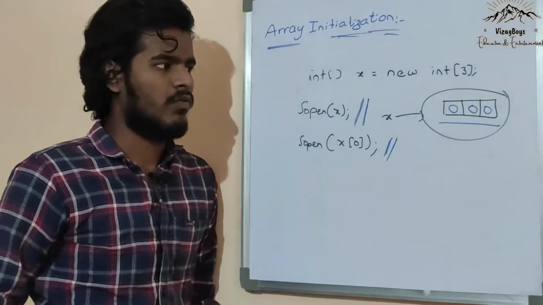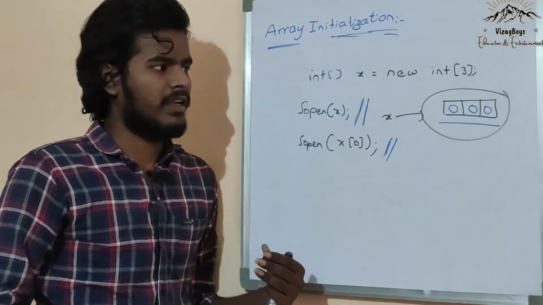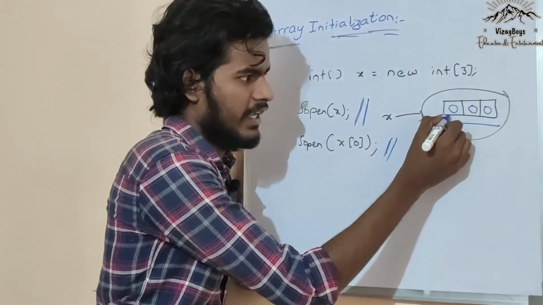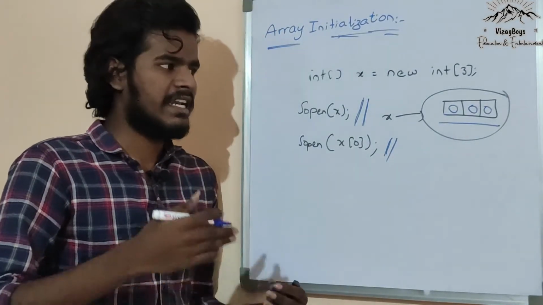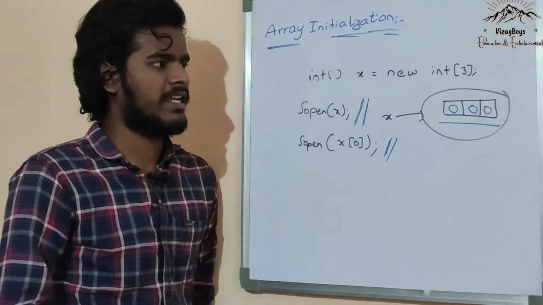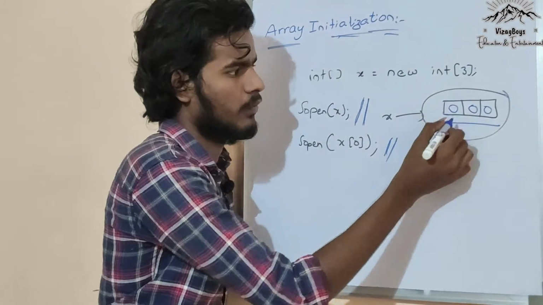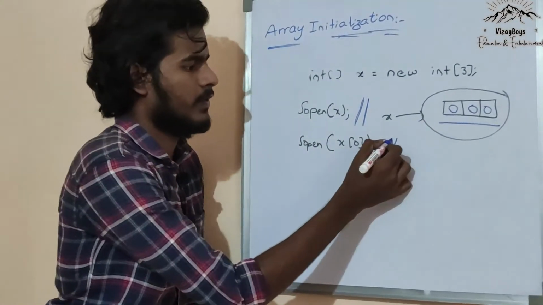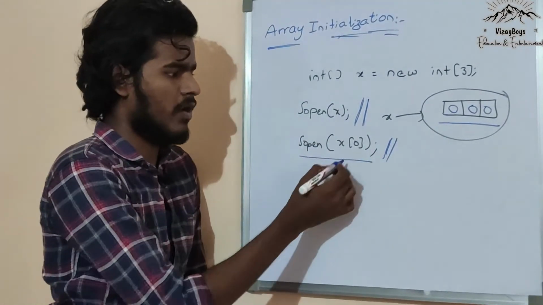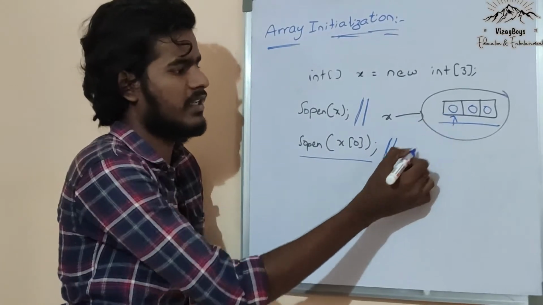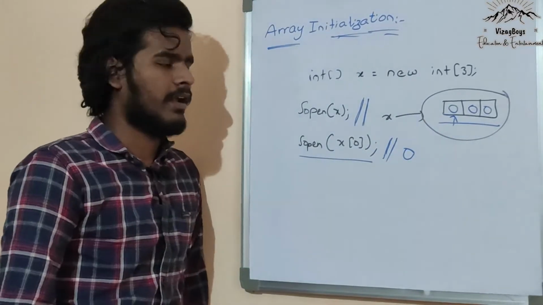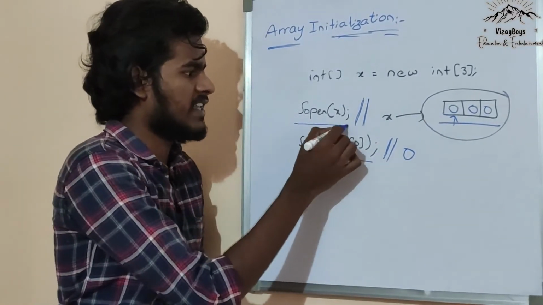The default value is nothing but 0. What is the corresponding output for SOP of X of 0? The value is 0.